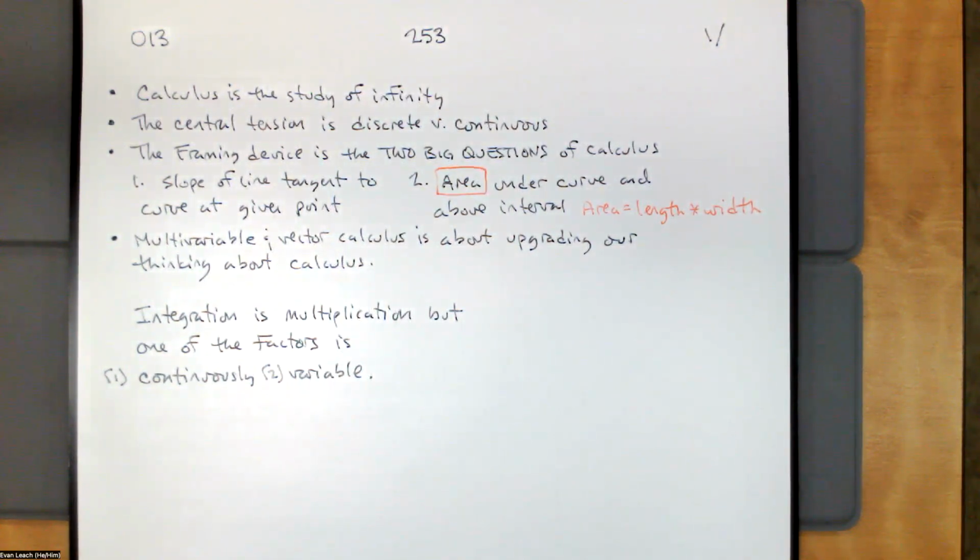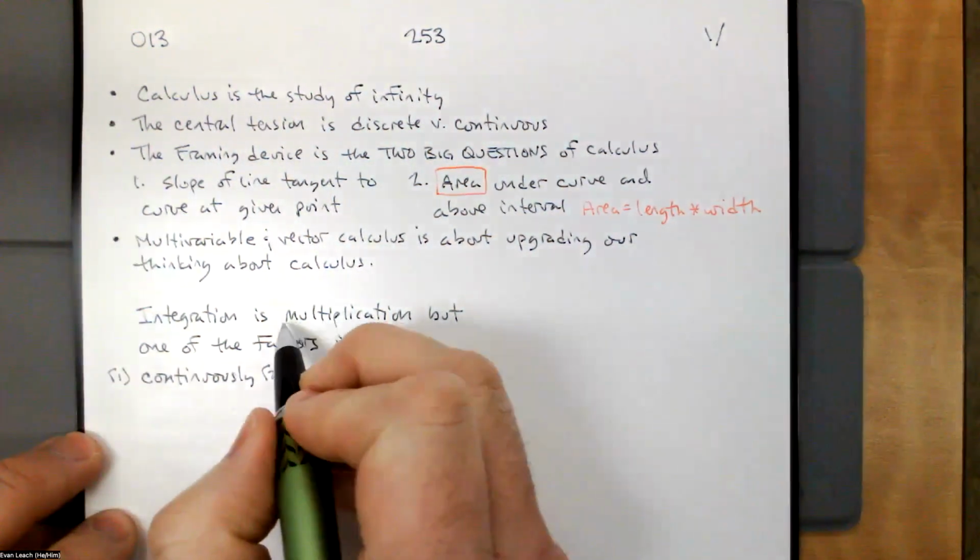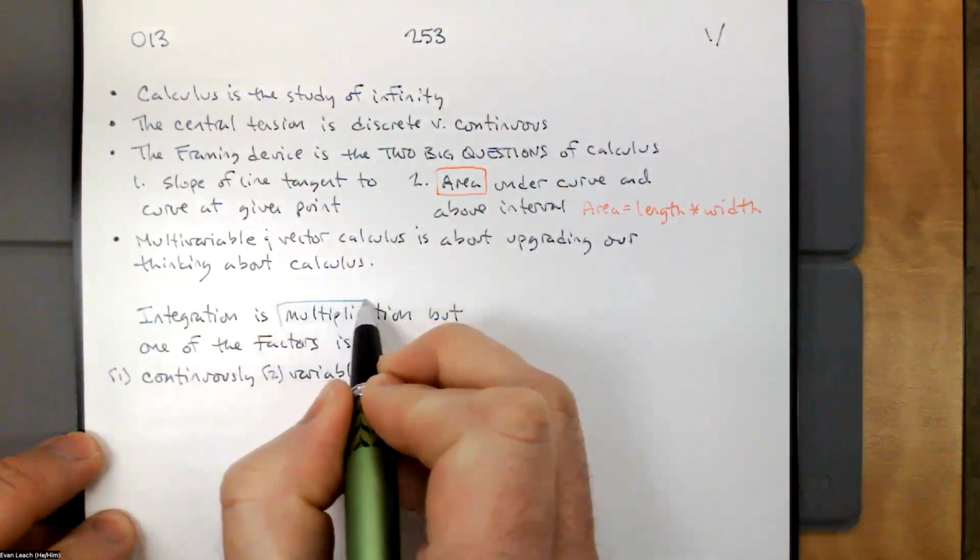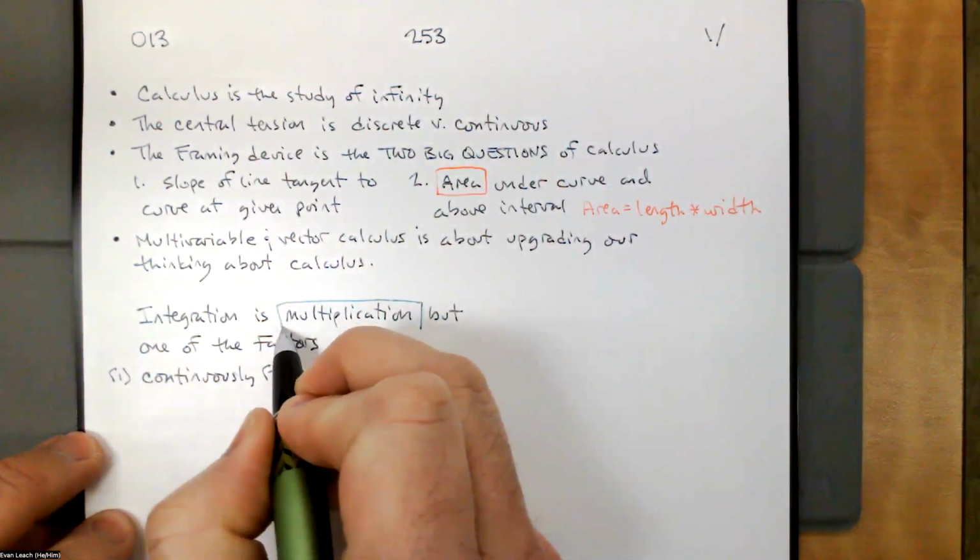Multiplication is addition when everything is the same. That's why this is weird to think about it this way. Multiplication is addition when everything is constant.